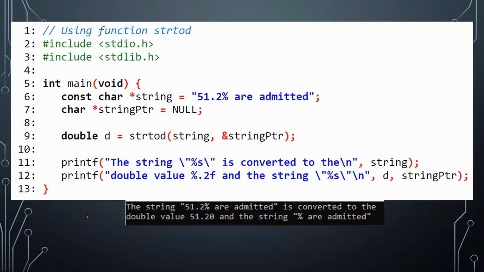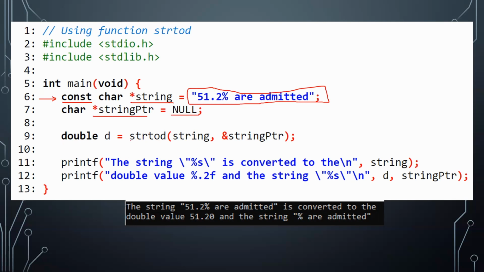Let's just go ahead and take a look at the code. Here I've got my code. I've got my constant character, which means I cannot change the value in here. What I have set it equal to, in double quotes, is 51.2% space R space admitted. Here I've just created a string pointer and set it to null.